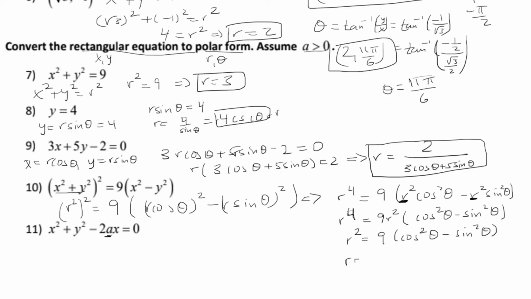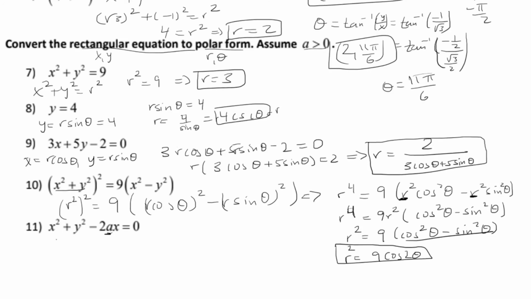I can take the square root of both sides. And actually, first let's do this. Cosine squared minus sine squared is a double angle formula, which is equivalent to cosine 2 theta. So this is just a fact from trigonometry, one of the trigonometric identities. And actually, we won't take the square root. We'll just leave it as it is. This is perfectly acceptable.